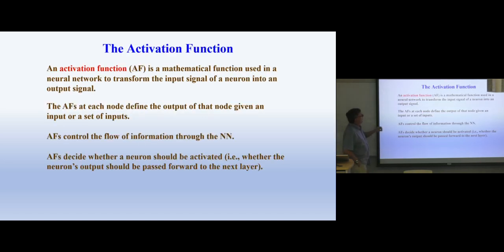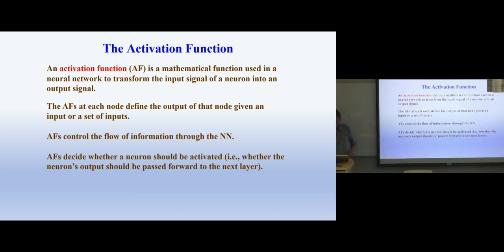We also have activation functions in these nodes, in the hidden layers and the output layer. It transforms the input signal of the neuron into the output signal. The activation function in a node determines the output of that node given an input or set of inputs. They control the flow of information through the network. They decide whether it'll be activated, whether its output should be passed forward to the next layer.